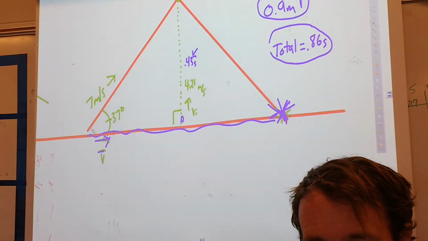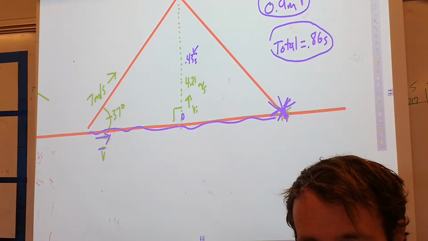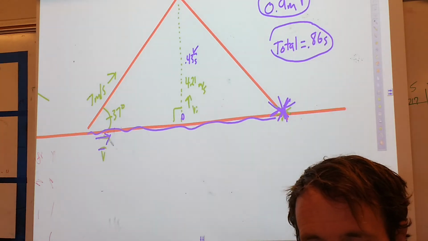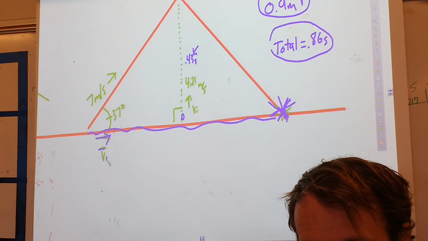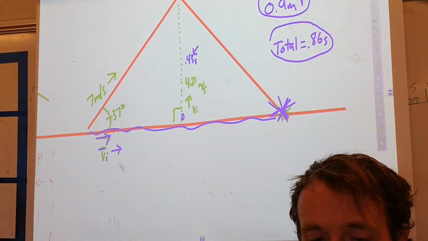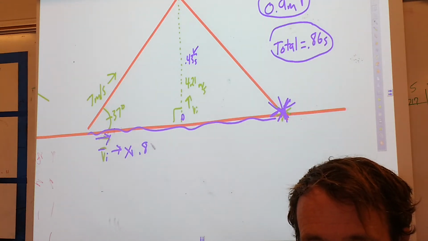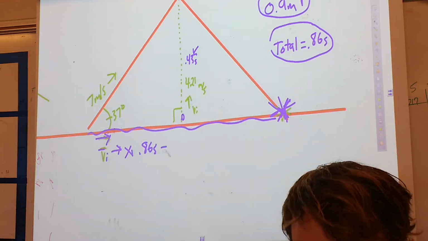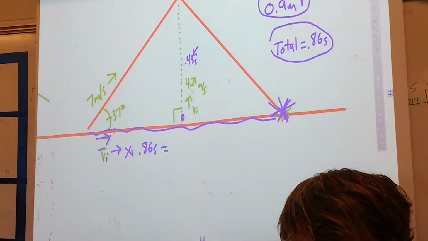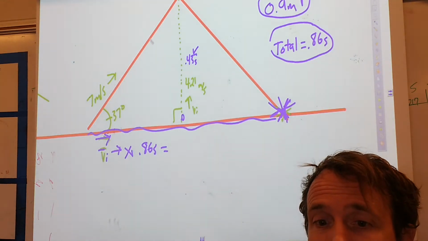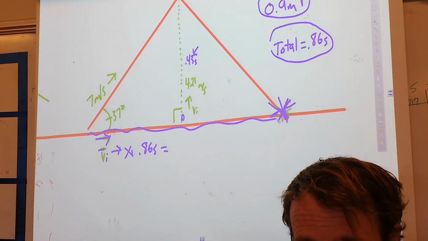If you shoot a marble and it goes up and down, the shadow moving across the earth will move at a constant velocity. So whatever your initial velocity is here sideways, it will remain the same for the entire 0.86 seconds of flight. Remember, 0.43 is your up time, but 0.86 is the time it goes up and down. That's the total flight time.